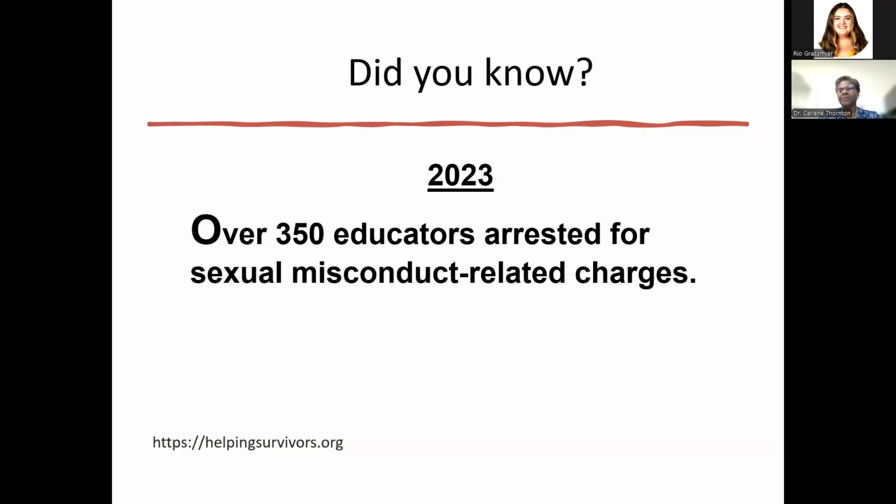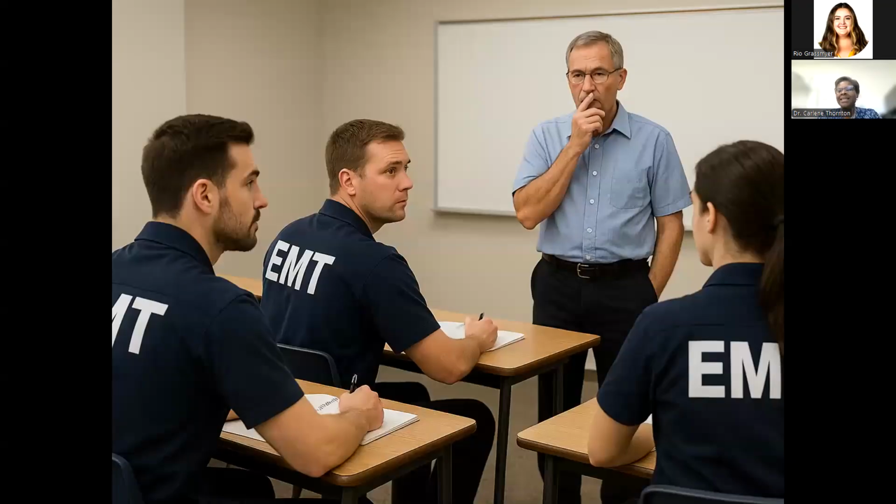misconducts by educators. One of the things that I think is important to remember as we think about sexual misconduct and inappropriate acts, a lot of times the thought is male on female students, and that's not the case. We have same sex, we have male on female, we have females as the perpetrators as well as males as the perpetrators.